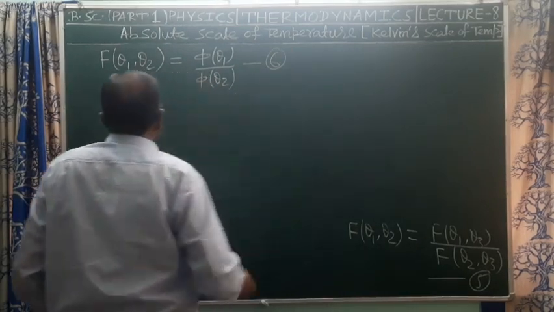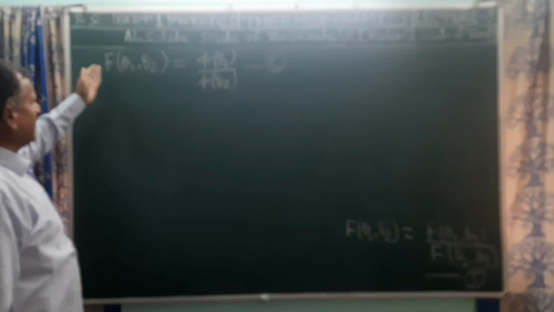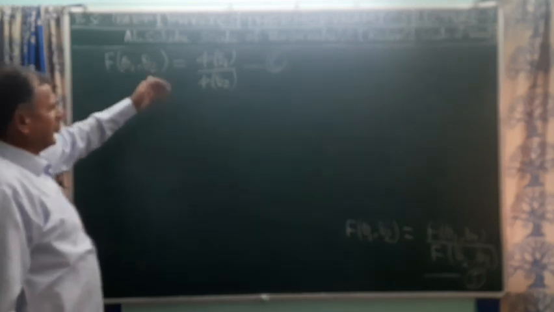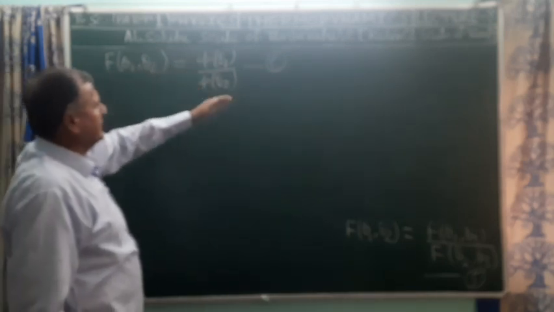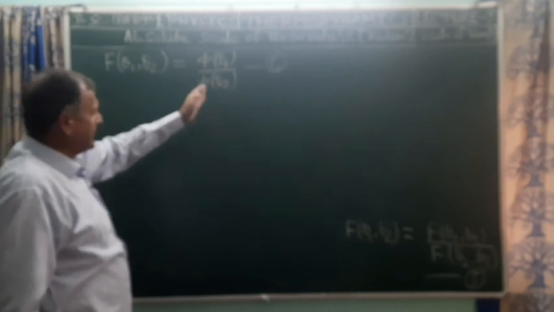So equation 6 is capital F under bracket theta 1 comma theta 2 bracket closed equals phi theta 1 upon phi under bracket theta 2.